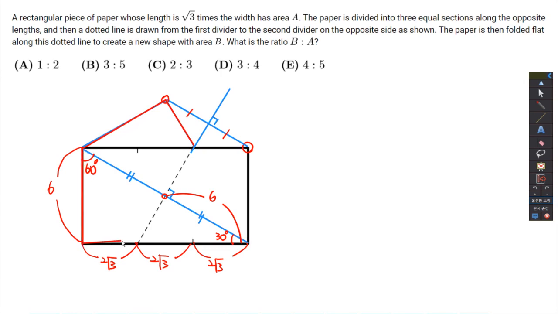This red line is the total figure after folding.